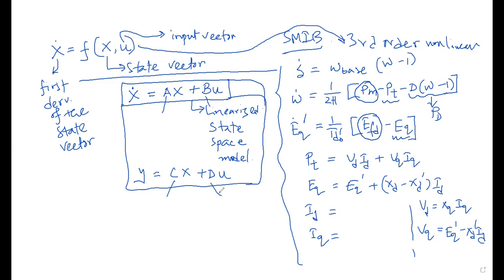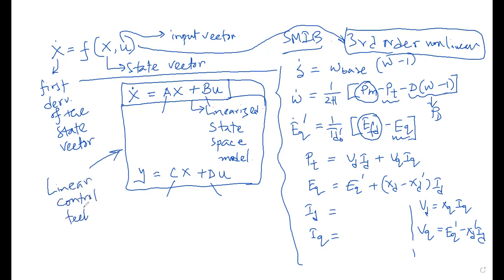So why do we need to do that? I mean, why are we migrating from the original nonlinear model to a linearized model? Because we want to apply later on the linear control technique, which is comparatively far easier compared to the nonlinear control technique. This is one.